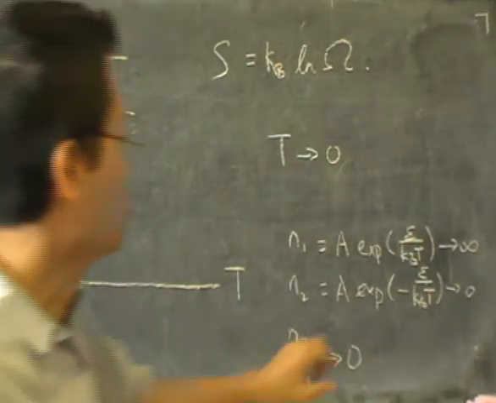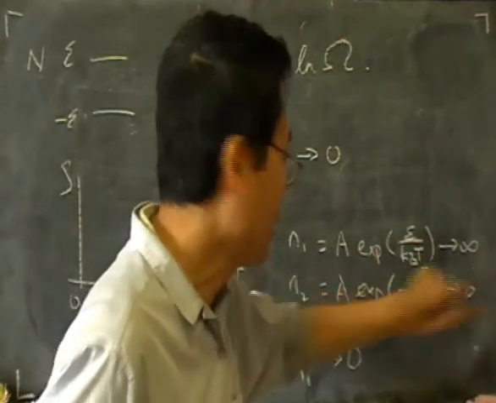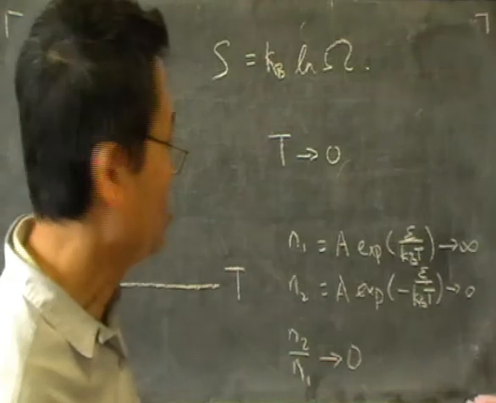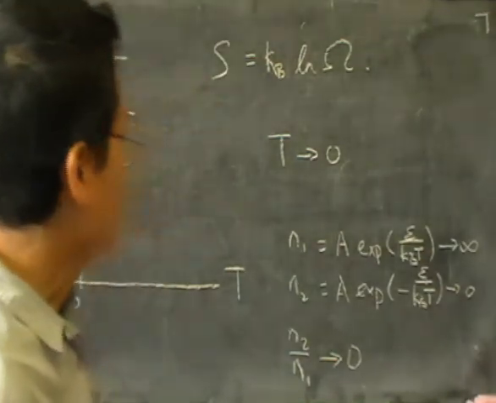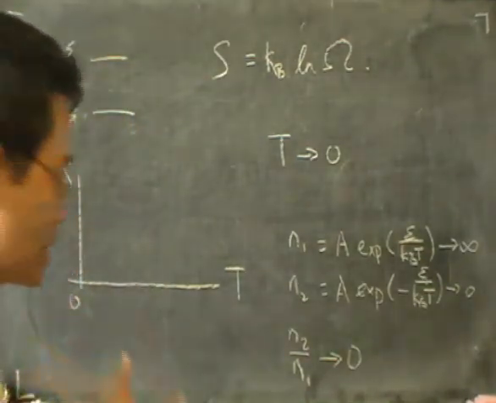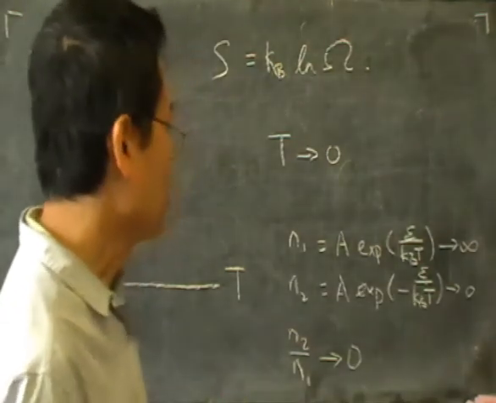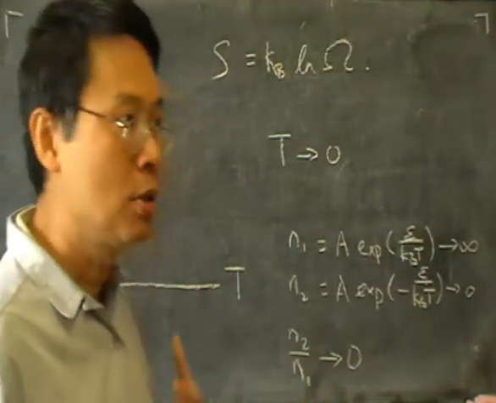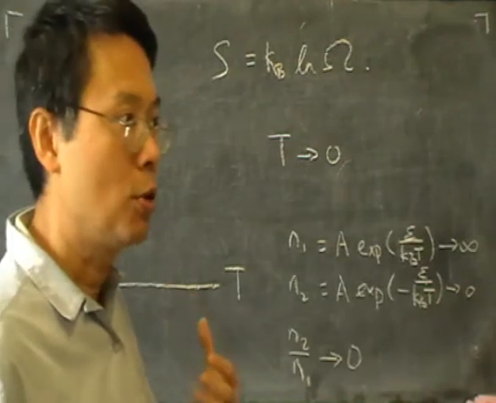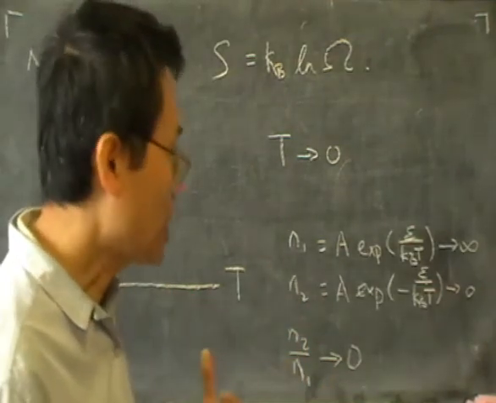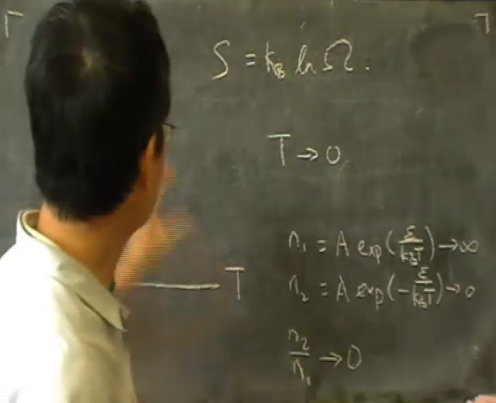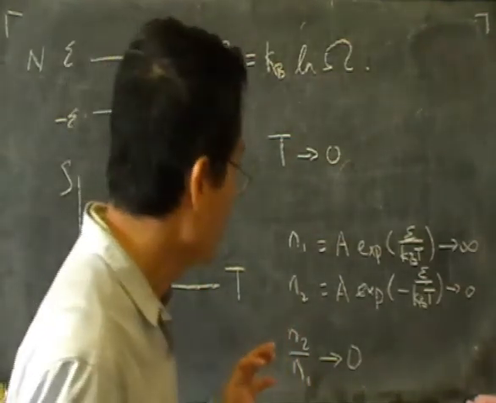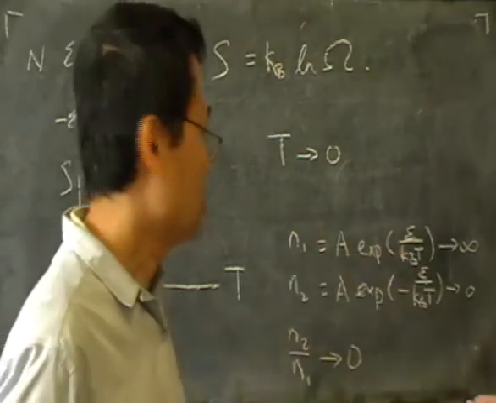Right, which means that we really don't have to worry about the fact that n1 goes to infinity in this formula here. So this also means that although we have formulas for the Boltzmann distribution, we have to be careful and we have to think in terms of a physical picture when we actually use and interpret the results of the formula.